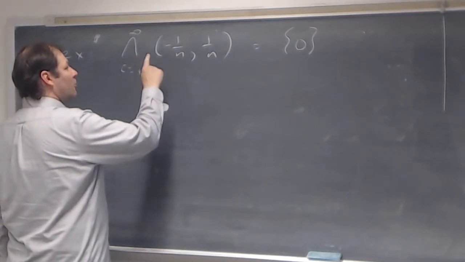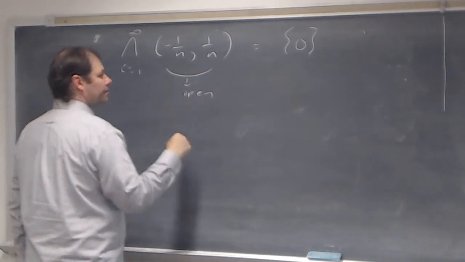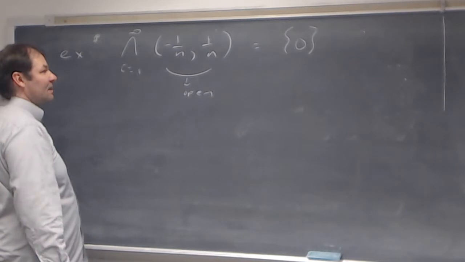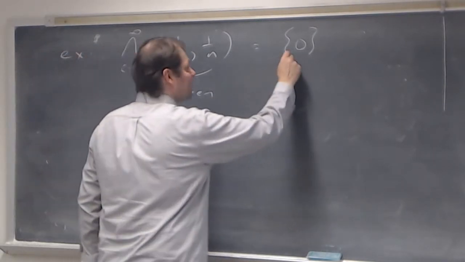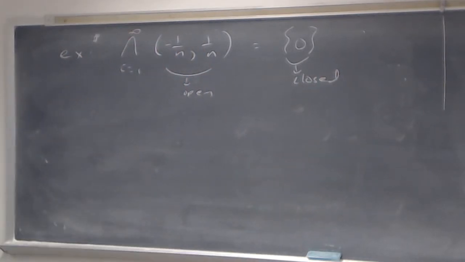And so here, we're intersecting a bunch of open sets, but since we have infinitely many that we're intersecting, what we get is not open. This is closed in this case. That's an example that shows that we can't say that an arbitrary intersection of open sets is open. It could be closed. And likewise, we could not say that the union of any collection of closed sets is closed. But we can say it for finiteness.